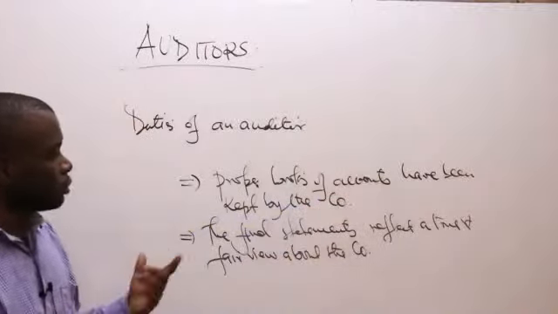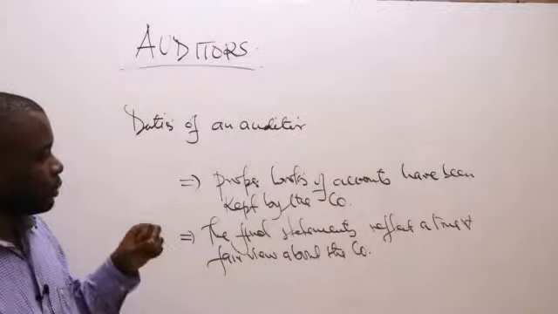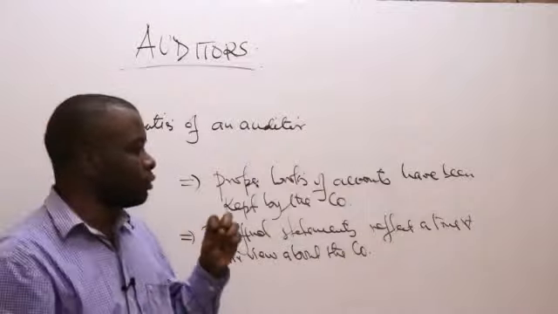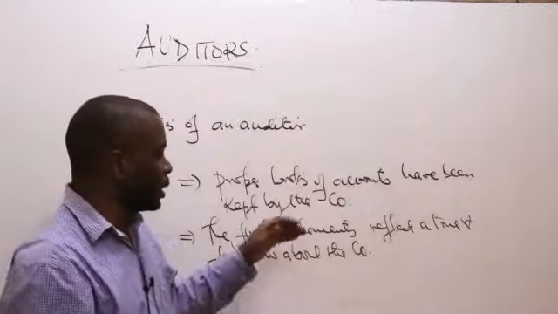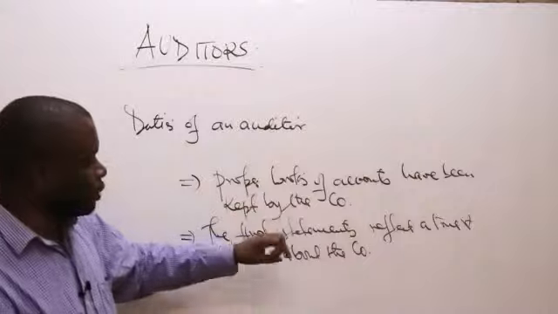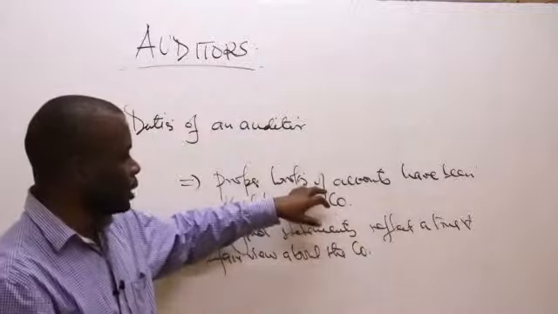When you talk about the books of accounts, it could mean the original books of entry, for example, the cash books, all of which have been prepared properly. All the invoices have been properly kept. From the invoices, that's where you can now determine the final statements. So these final statements reflect a true and fair view as indicated in the books of accounts.